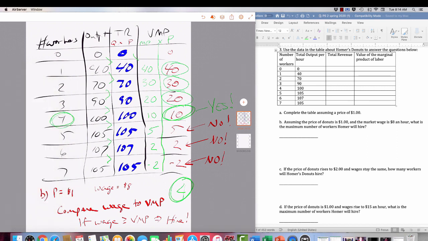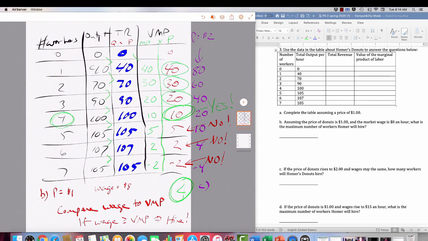The value of the marginal product when the price is equal to 2 is going to be double what it is now. So it's going to be 80 and 60. So again, this is when the price equals 2. So 80, 60, 40, 20, 10, 4, minus 4. That's the value of the marginal product.